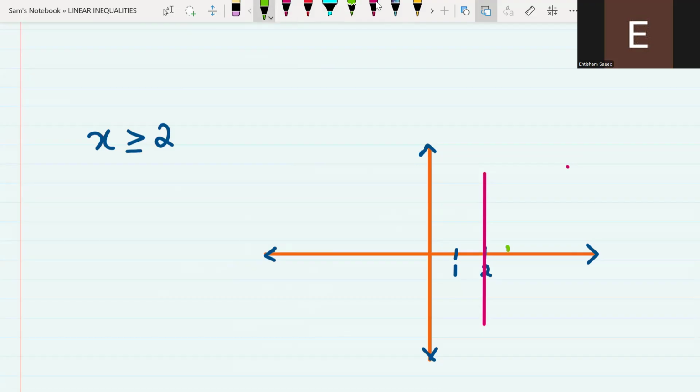Look, 3 is coming on the right hand side. So greater will be on the right hand side of the line. Got it?